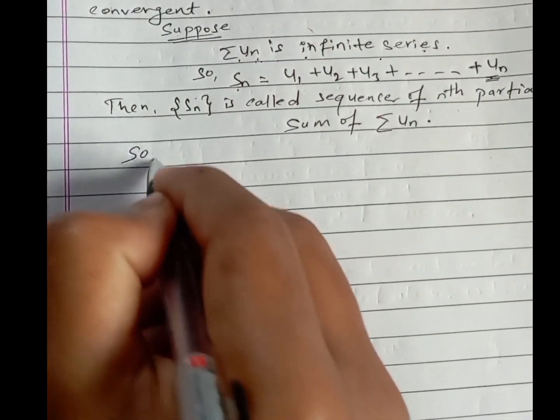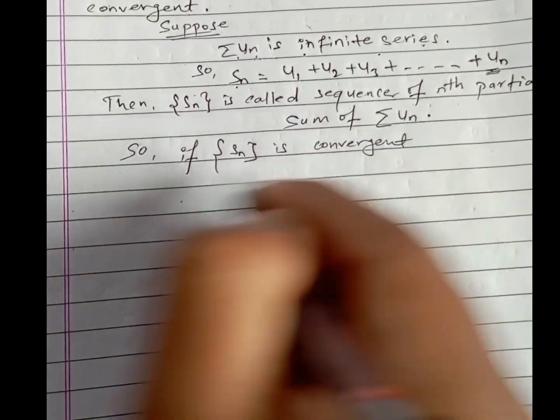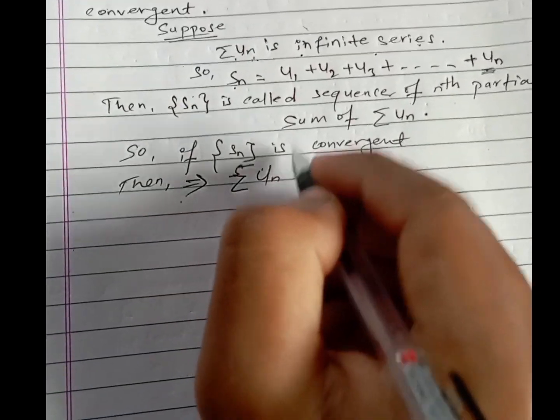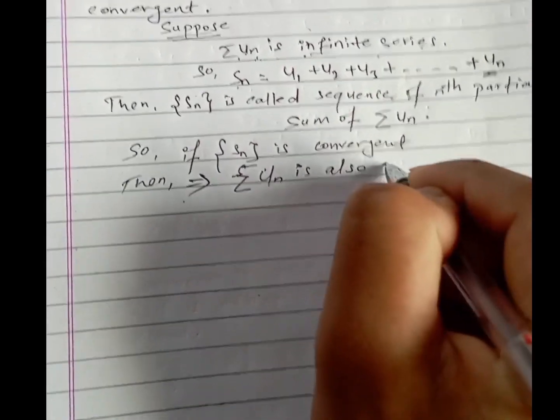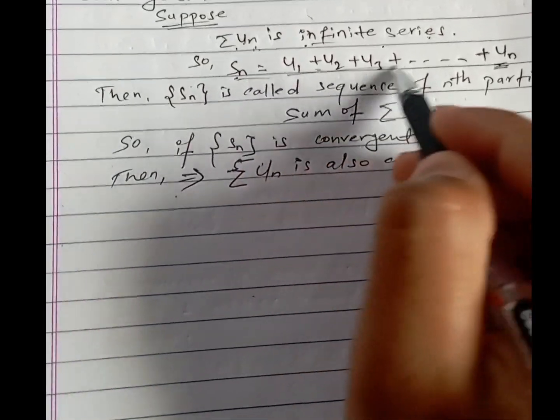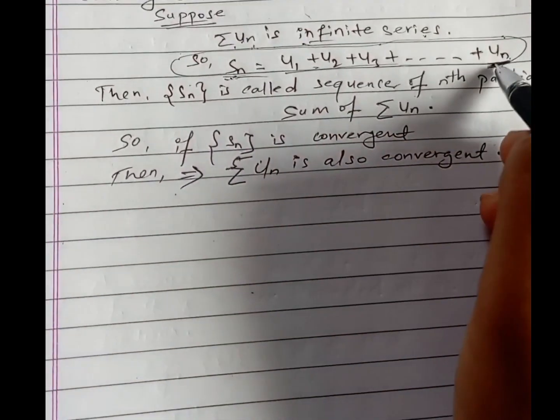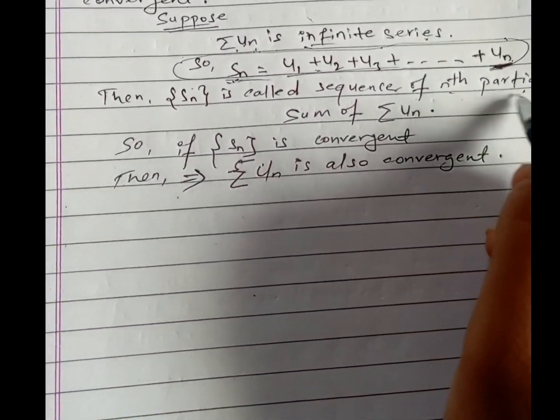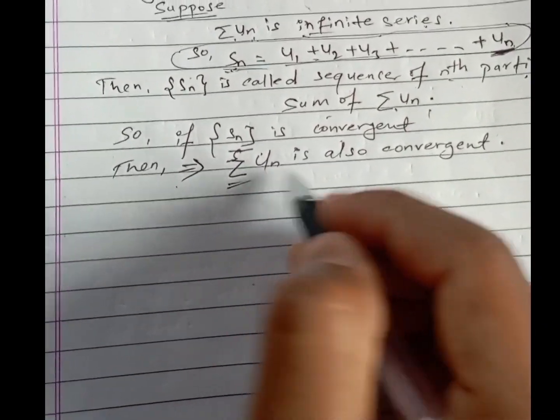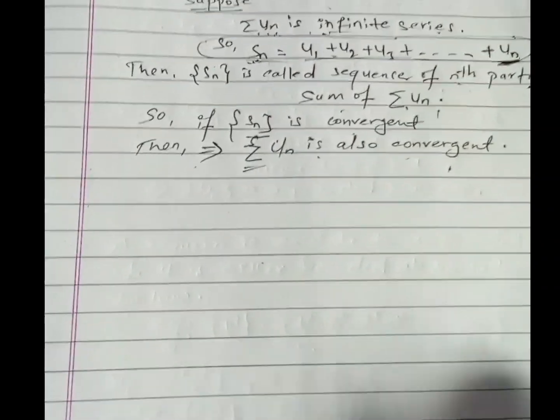So if we prove Sn is convergent, then this means summation un, which is an infinite series, is also convergent. That means we just assume any point of the infinite series and take the nth partial sum of summation un. If Sn is convergent, then the infinite series summation un is also convergent. That's the criteria for a series to be convergent.